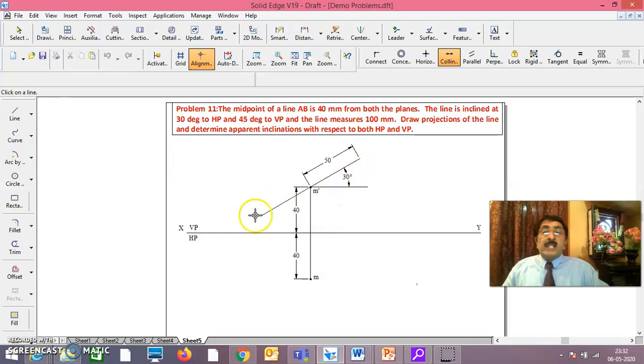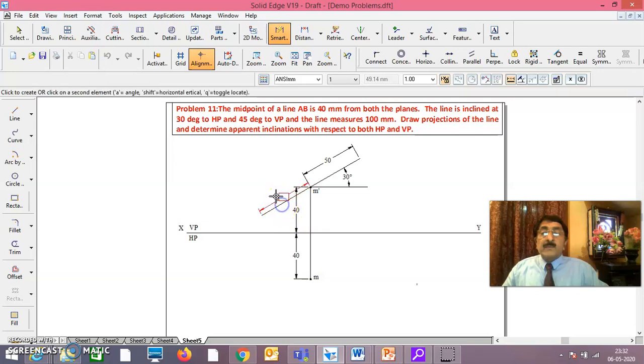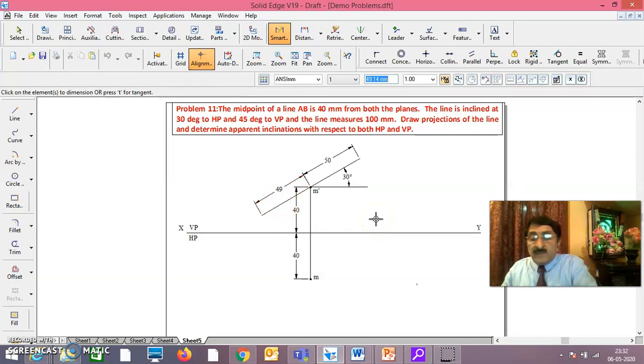In that way, the line will be inclined at 30 degrees to HP and measures 100 mm, because 50 mm is already here, 50 mm is already here. In the same way, I'll dimension this line also. This is 50; if it is not there, you make it 50.